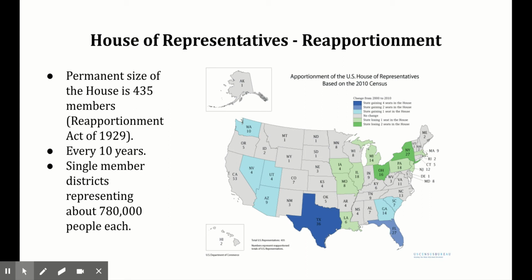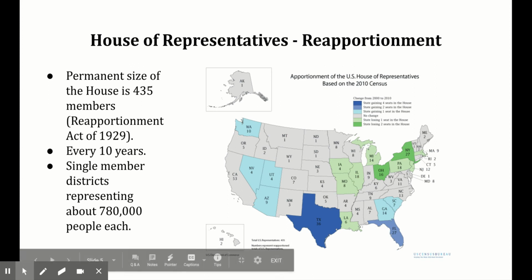So what our country does is they take the US census data that takes place every 10 years and they determine how many people live in that particular state. And so then what they do is they reapportion those 435. They redistribute it. And you can kind of see here on this slide what happened in 2010.